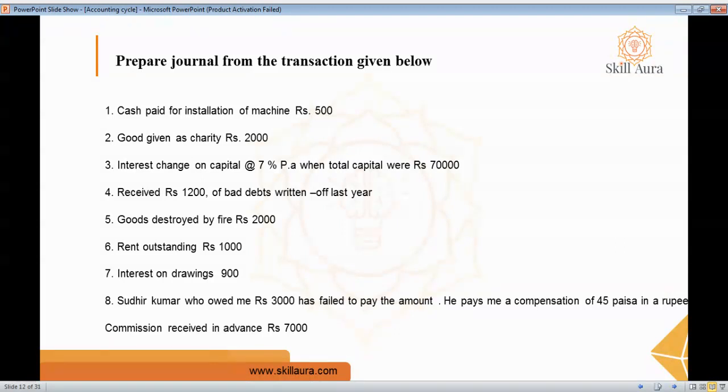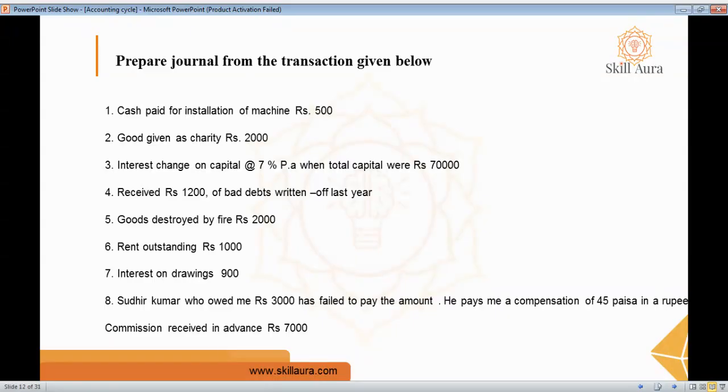So we finally credit the accounts receivable account to reflect the decrease in the amount owed by Sudhir Kumar. Here the transaction will be debit cash account 45 paisa and debit compensation expenses 255 paisa. When we add both, we get 3000 rupees.